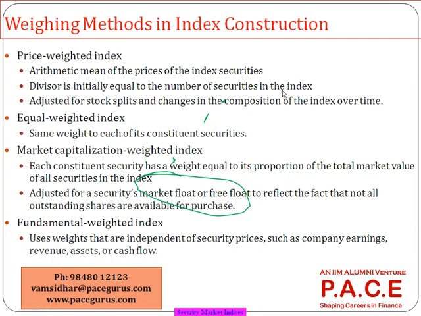Then there could be some custom kind of indexes that could be created purely based on the fundamentals of the company, like P by E ratios, price to earnings ratio, or probably the net profit of the company, or based on the revenues. I create my own index. I give weightages based on the revenues of the company.